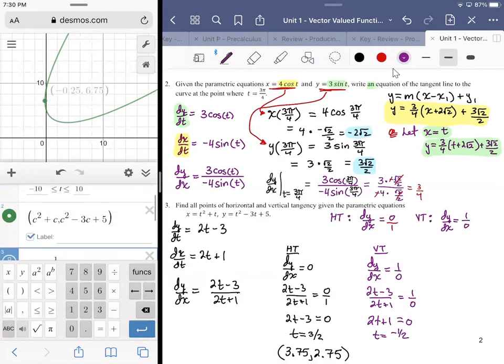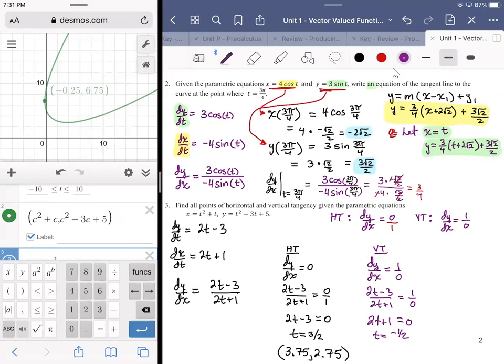We do want to verify a couple of things. One, that it actually gives us a point on the curve, not some point that's at a discontinuity. Because again, just like in Calc 1, if it doesn't exist at that point, it's not going to have a vertical tangent at that point. Also, maybe it's part of a graph that's not relevant.